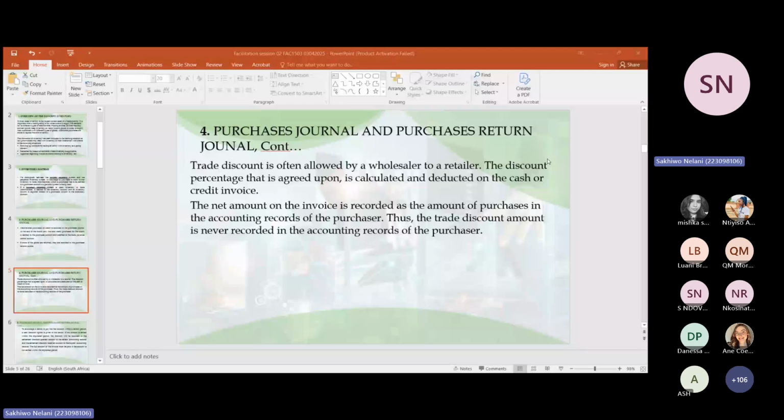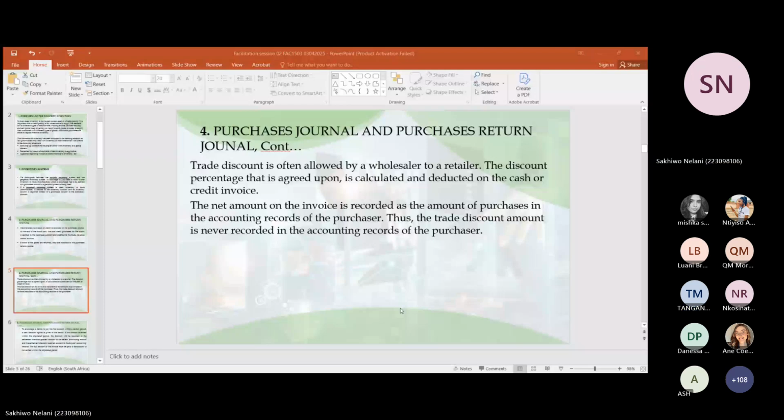Thank you. I think trade discount is the agreement that happens between the person that is selling to me in bulk, because I'm buying in bulk, to say this is the price, but we're going to reduce it for you because you're buying in bulk. This is what I think.